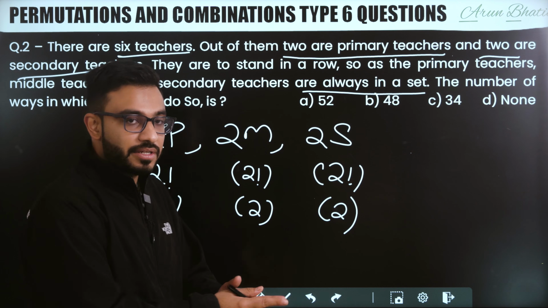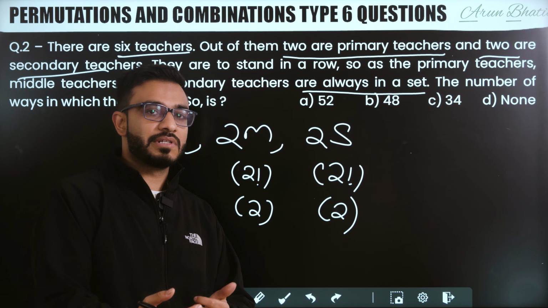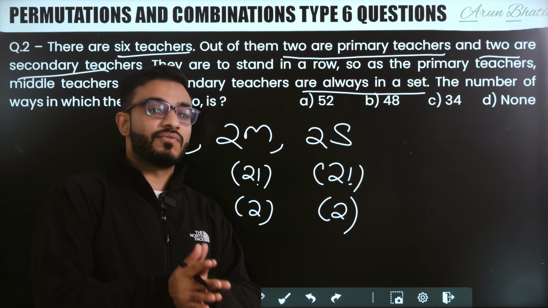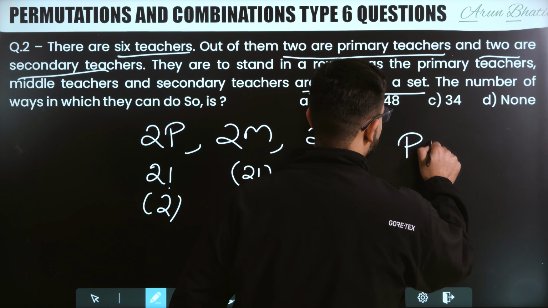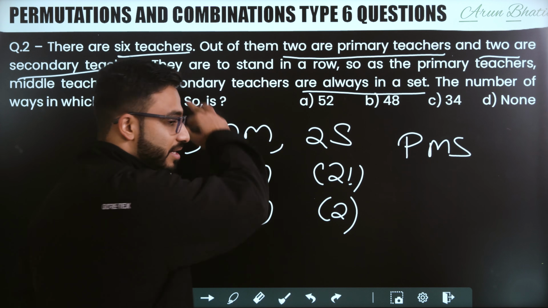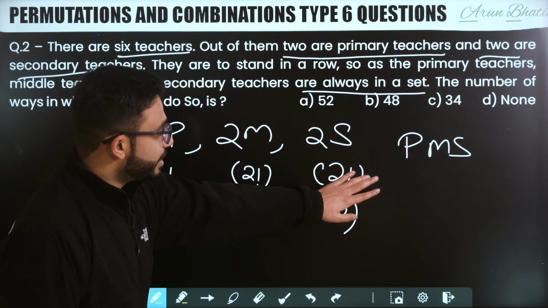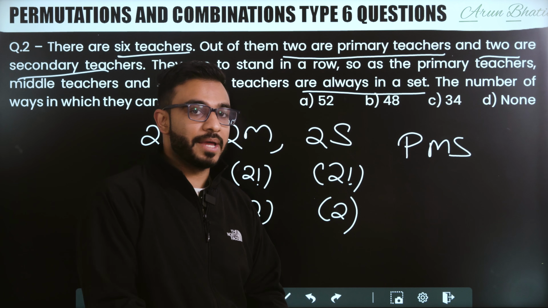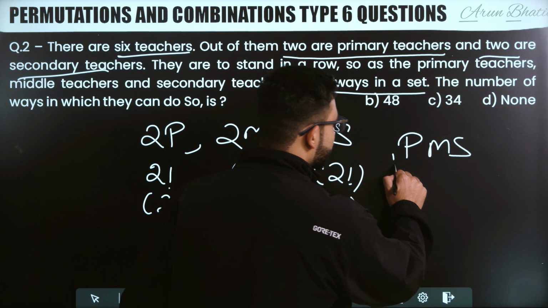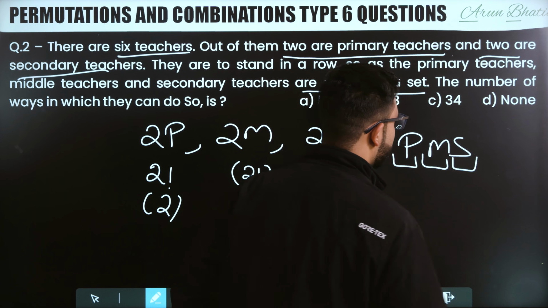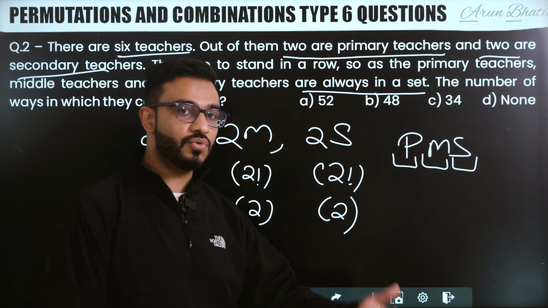Now you have to also consider them as a whole, because remember when we were talking about words, with vowels and consonants, we treated them separately but then combined them as a whole as well. So let's combine them. We said there are 6 teachers, divided into 2 primary, 2 middle, and 2 secondary, meaning there are 3 types of blocks: one for primary, one for middle, and one for secondary.